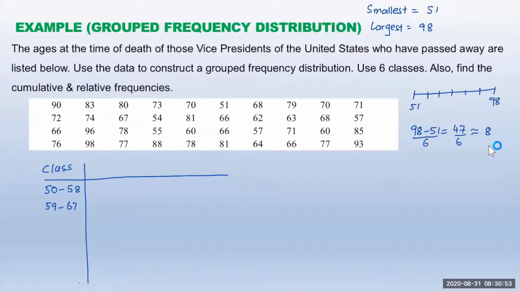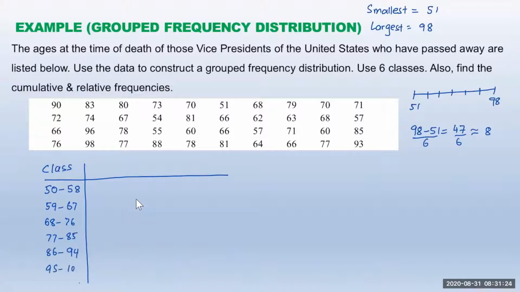After 67 is 68. 68 plus 8, we are going by 8, is 76. After 76 is 77. 77 plus 8 is 85. Then we start at 86. 86 plus 8 is 94. Then we start at 95. 95 plus 8 is 103.